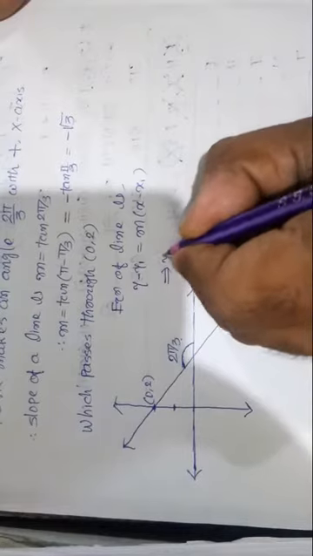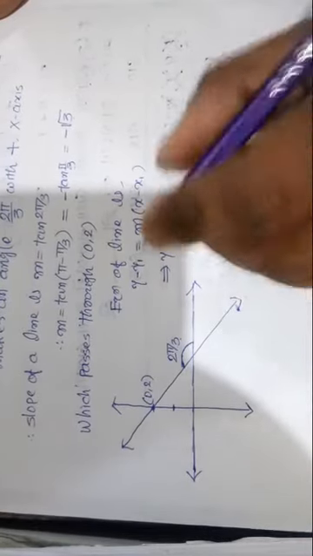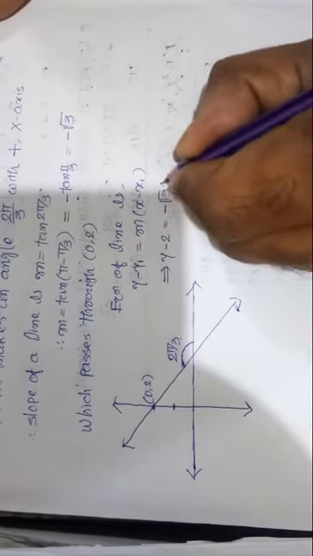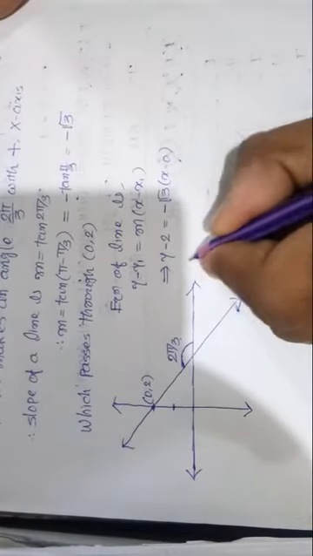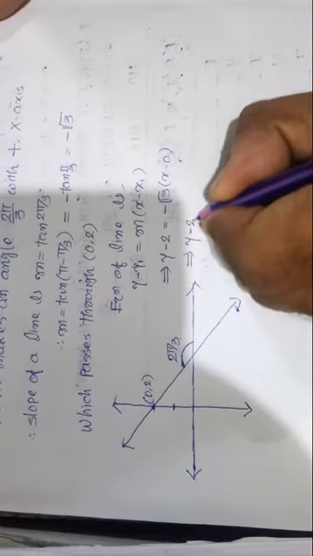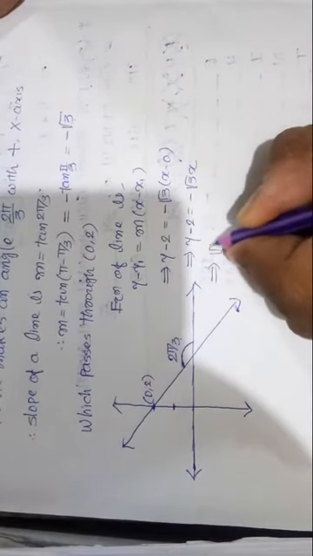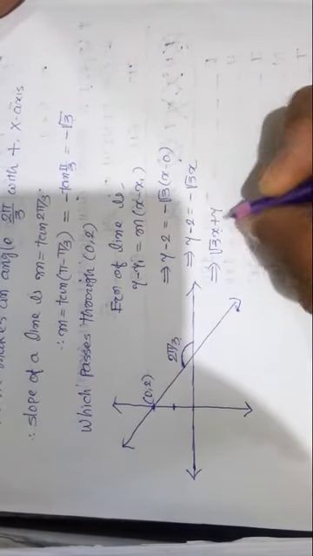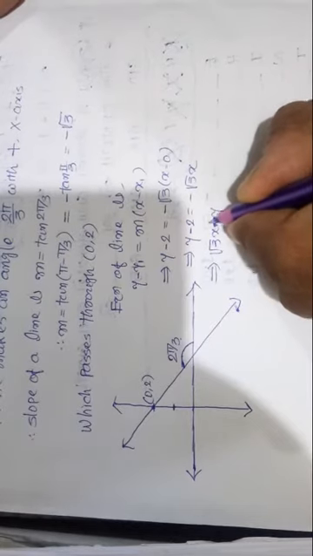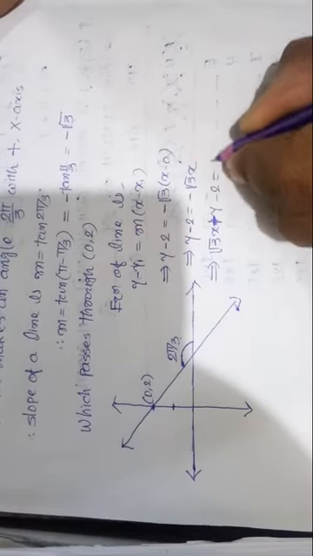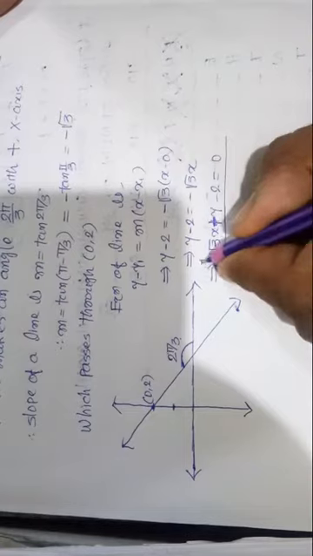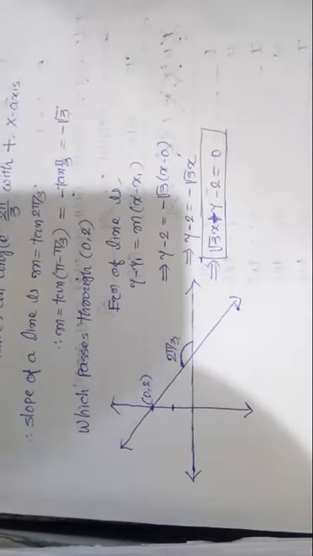Let's put in the values: y - 2 = -√3(x - 0). So y - 2 = -√3x, and if we write this term on that side, √3x + y - 2 = 0. This is the required equation of the line. I hope you easily understand that.